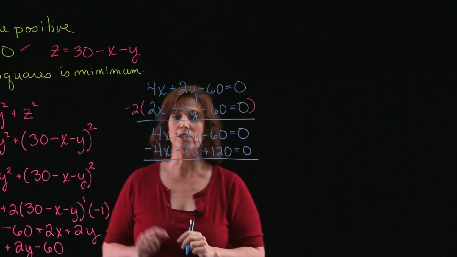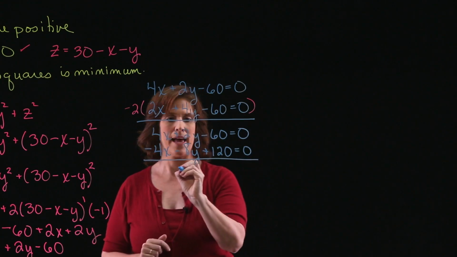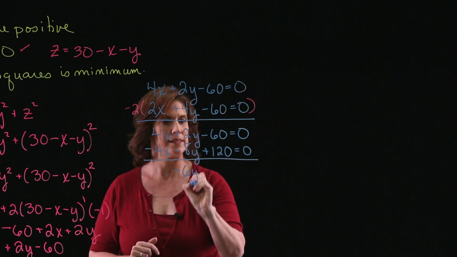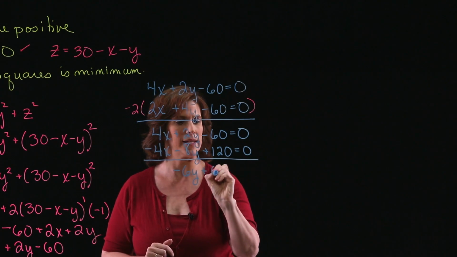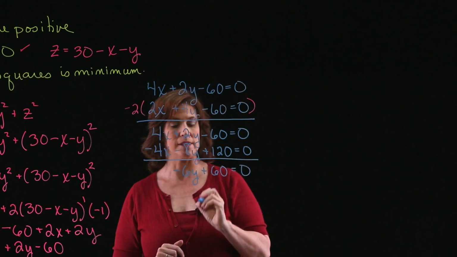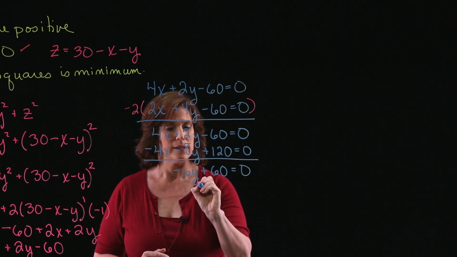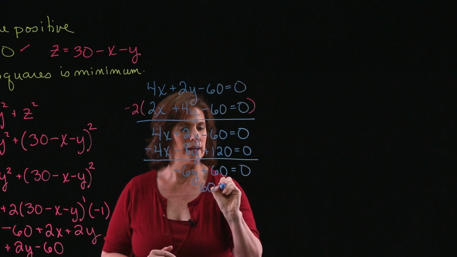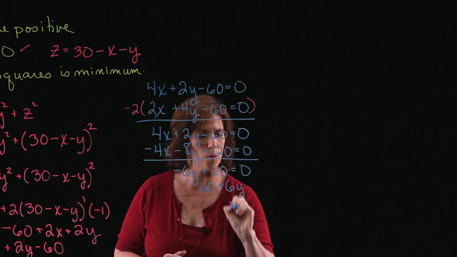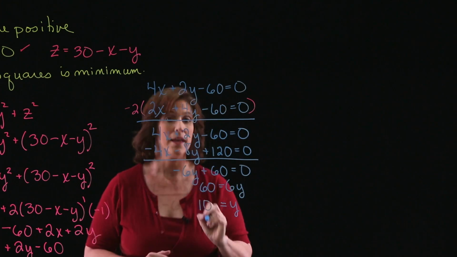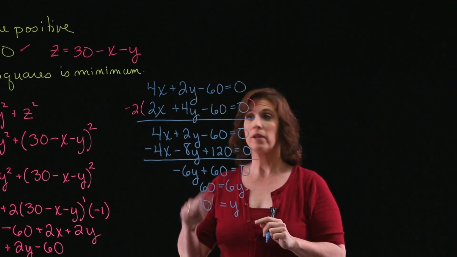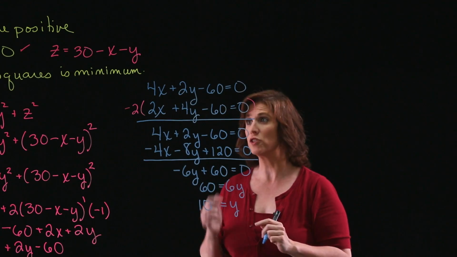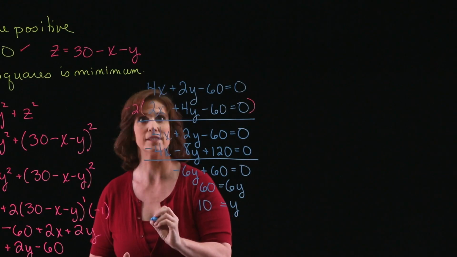When I add these two equations together, I get 0x and a minus 6y plus 60 equals 0, or 60 equals 6y, and y equals 10.